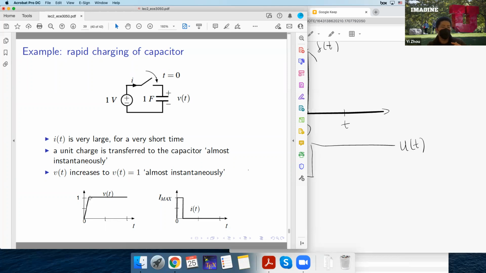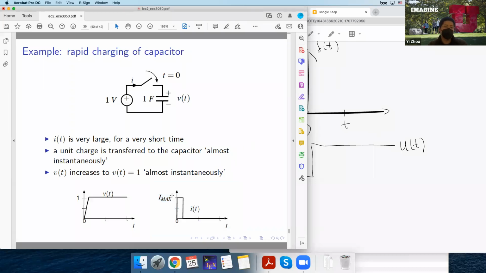And once it reaches the maximum voltage, there's no current coming through it. So the current signal looks like a very short impulse. This current only exists within a short duration of time, and then it vanishes to zero. So the current signal can be modeled as an impulse signal.